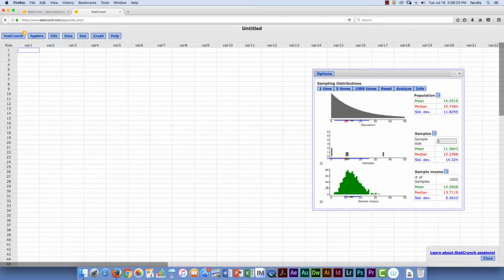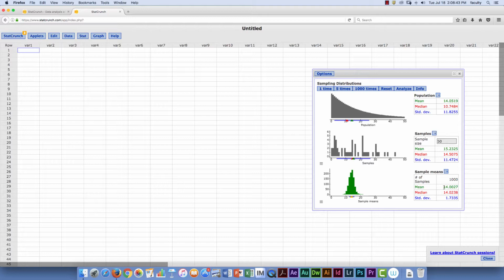How could we make this into a normal shape? What we need to do is take larger samples. So I'm going to change the sample size from something small, less than 25, to something large, greater than 25. So again, I'm going to use 50. Now if we do the sampling 1,000 times, what do we see? We see a sampling distribution that's very normal.